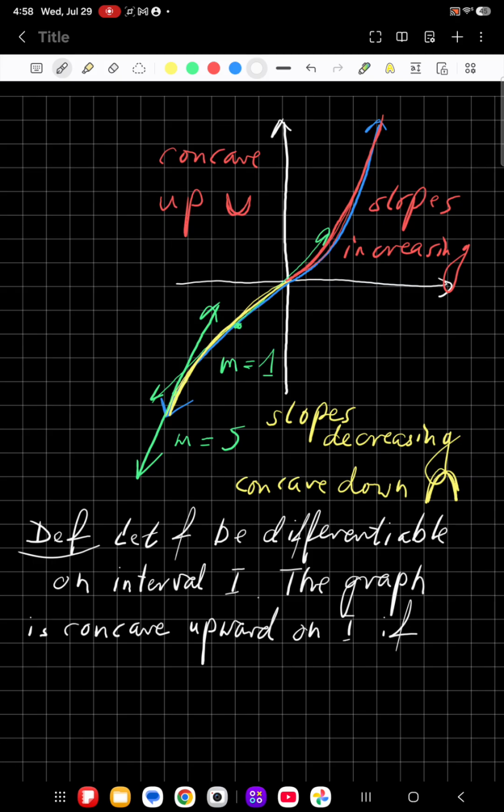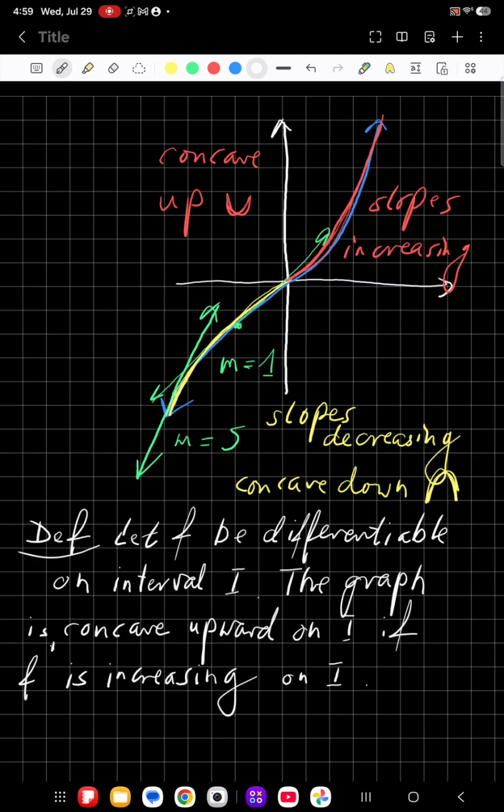Right, so if f prime, what was f prime? F prime was the slope, right? So if f prime is increasing, how can we figure out whether f prime is increasing or not analytically, of course, on that interval I?